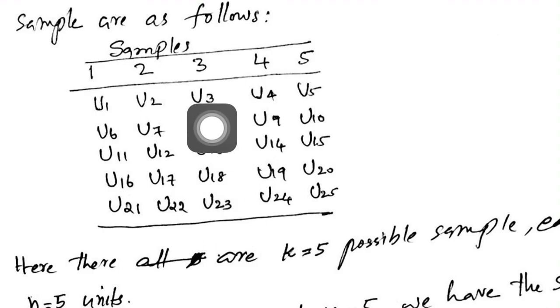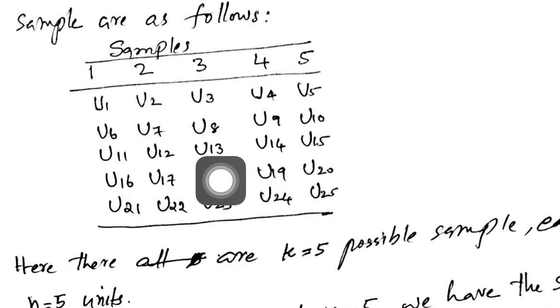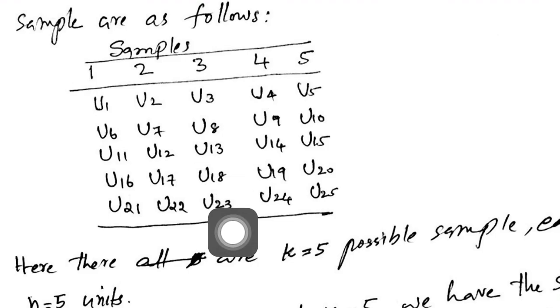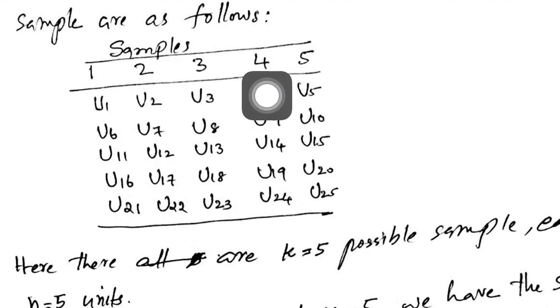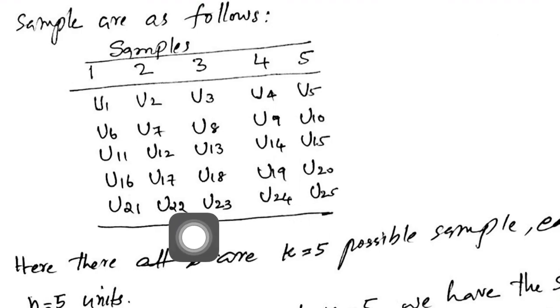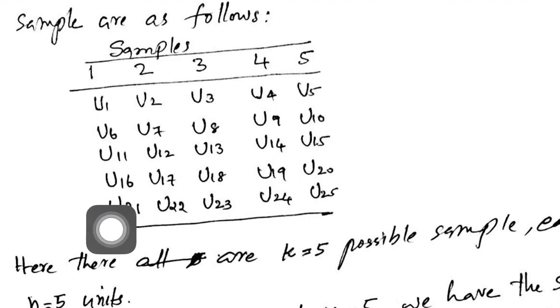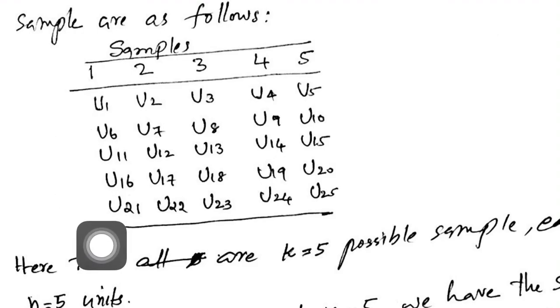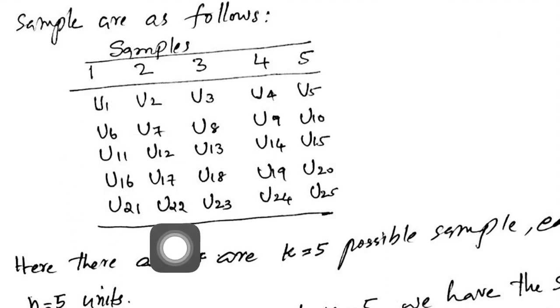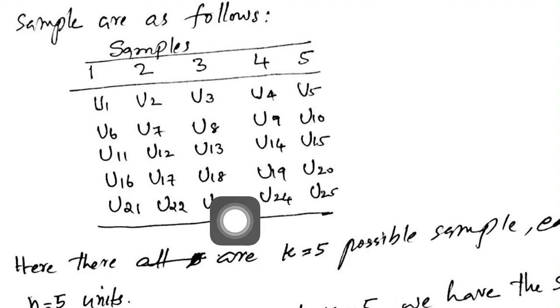So U3 will be the first unit in the systematic sample, the next is the second unit, and U13 is the third unit, and so on. How many possible systematic samples are there? 1, 2, 3, 4, and 5. You can see that in all systematic samples the same number of units, 5 units, are there: in the second sample, 5 units, in the third sample also 5 units, and so on.